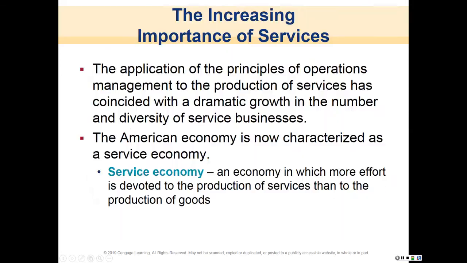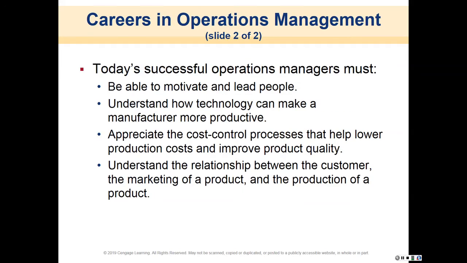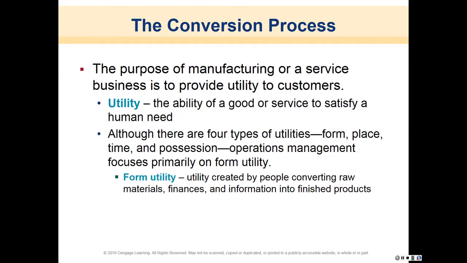So there are some other types of utility. Going back to utility, we're talking about the conversion process and getting it to that final utility in the form we needed, but there's also place, time, and possession. So we're in Duluth, Minnesota, and we need a pair of shoes in the form that we need, but we also need to be there in Duluth.